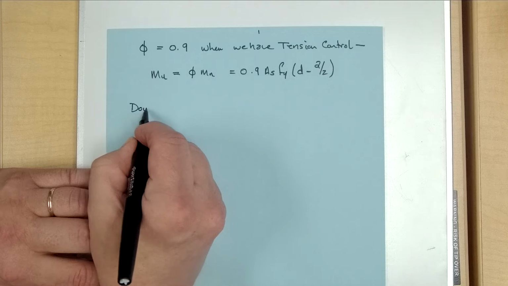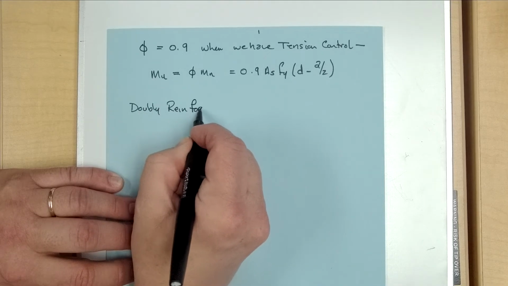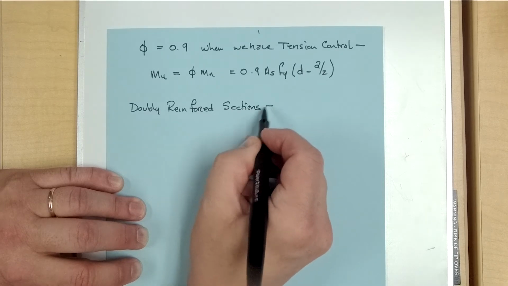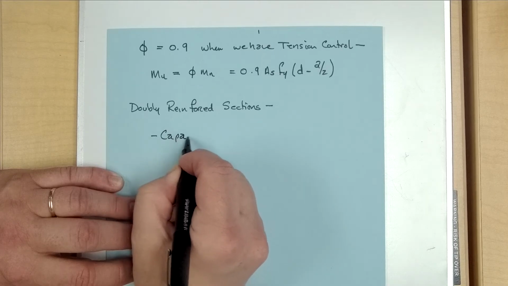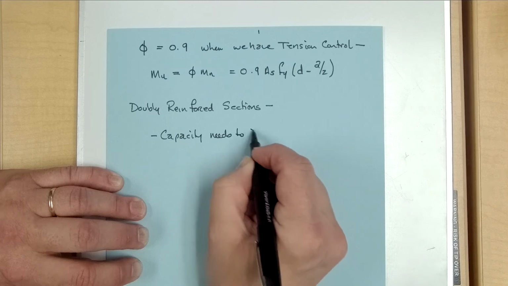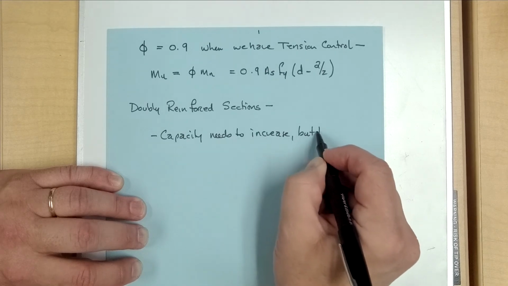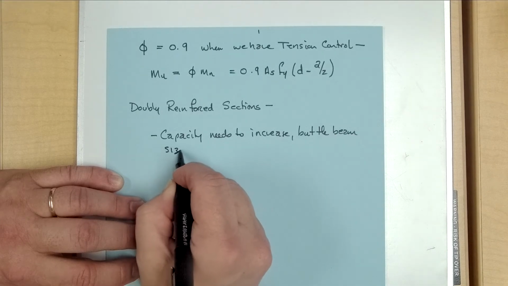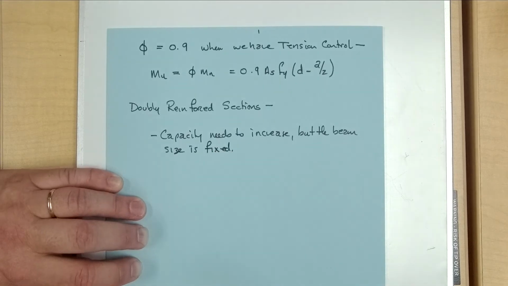How about doubly reinforced sections? Why do we need doubly reinforced sections? Because sometimes we need additional capacity but the beam size is fixed. So we cannot do anything new.